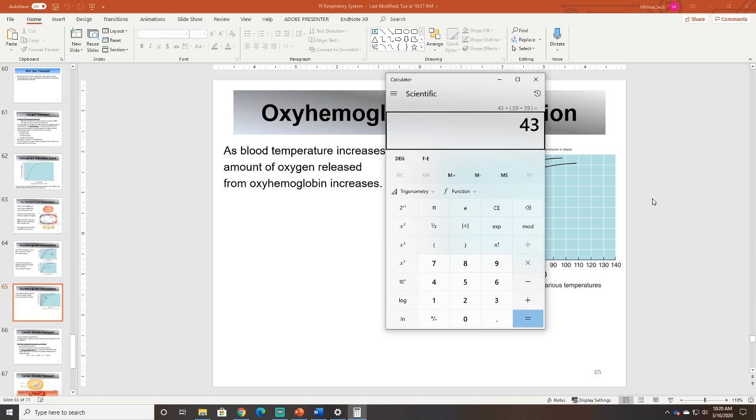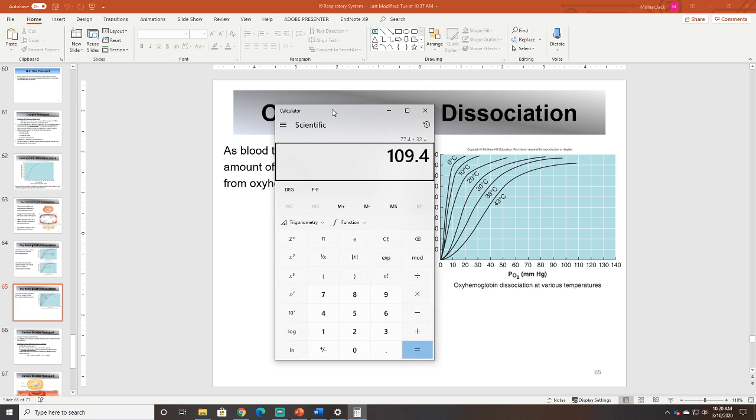No, that's not right. 43 divided by 5 divided by 9. 77.4 plus 32 degrees gives us 109.4. So in Fahrenheit, that's what we're looking at here. This curve, 109.4. Of course, you know, people can't live very long at temperatures this high, over 105 really. We get into the seriously fatal range.